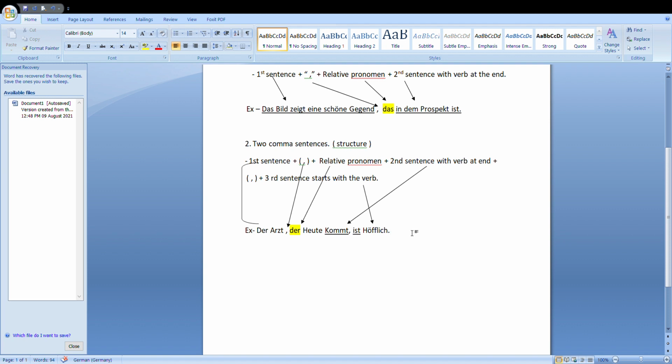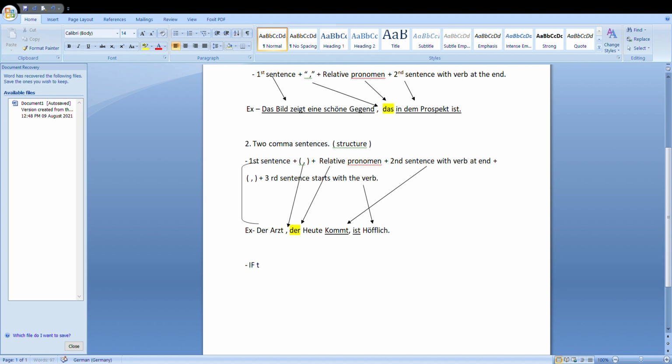Let's see what other things we should take care of while making a relative Satz.